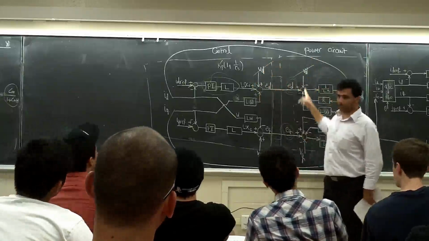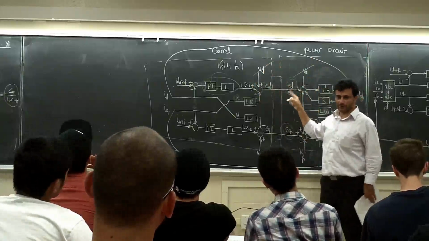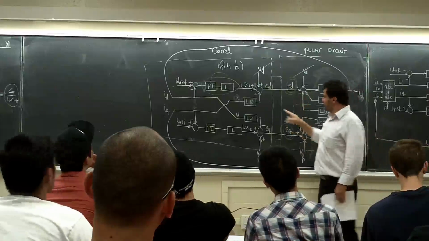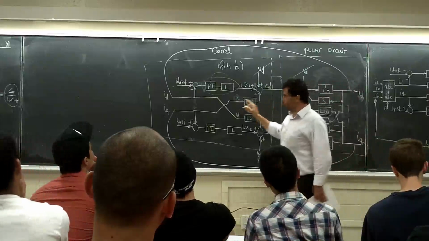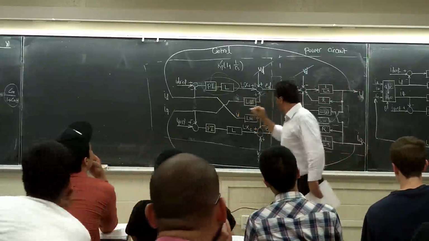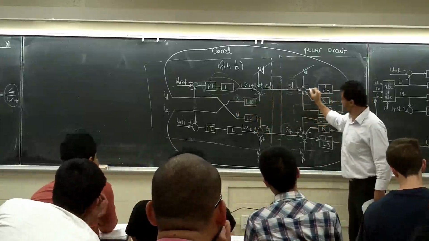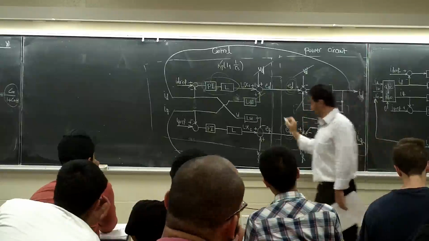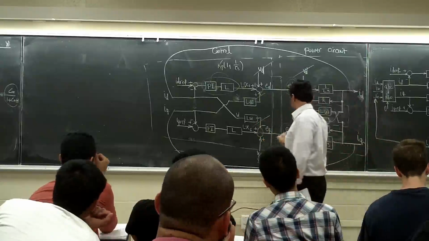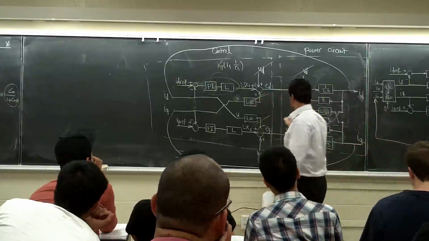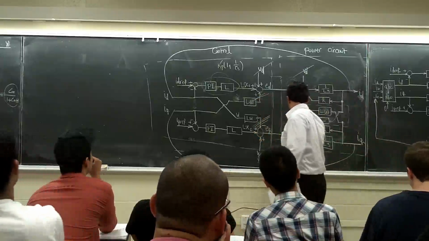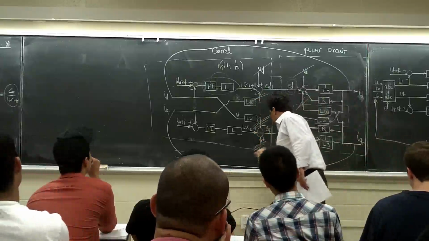Plus VD is coming, minus VD is coming, add together, 0, right? Plus L omega IQ is coming, minus L omega IQ, right? This one is gone. The same thing here. This one is gone with this. Let me label it with a 2. This is a 3. This one is a 4.